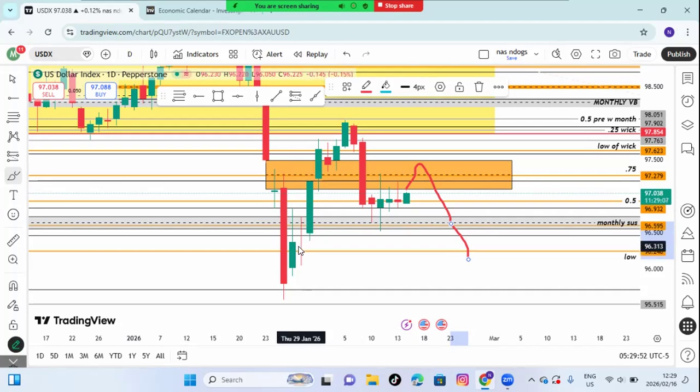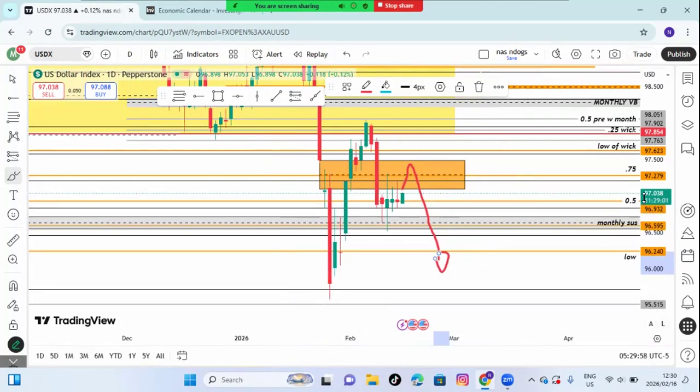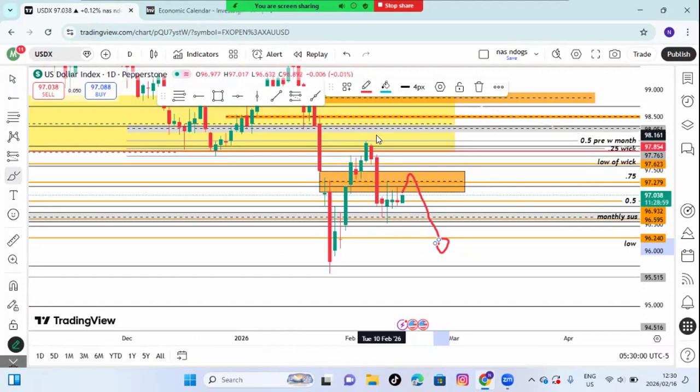Volume imbalance there. So we're bearish on DXY, right? I'm not thinking that it's gonna take this high and come in here. But should it, for some other crazy reason, go up into this, we're still gonna sell it. But I'm not thinking that.